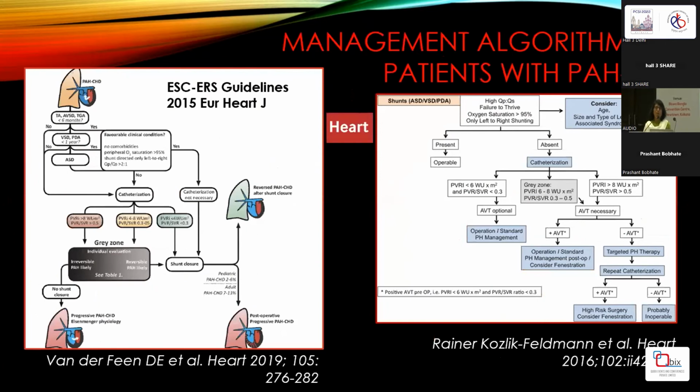Now, if we look at practical management of patients with PAH-CHD, that is, patients with congenital heart disease who have pulmonary hypertension, we all follow an algorithm somewhat like this. It's a comprehensive assessment. No one tool is going to give us the answer about reversibility.